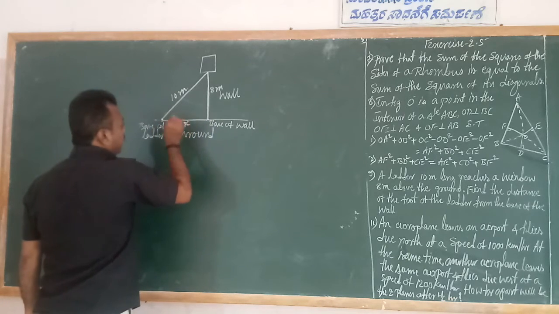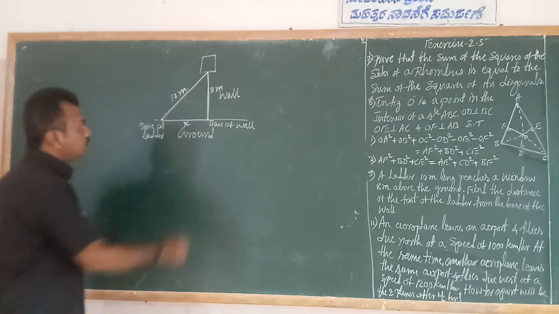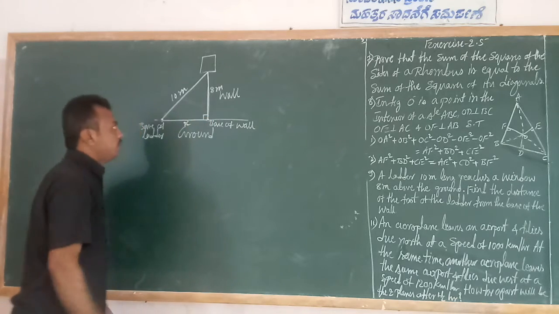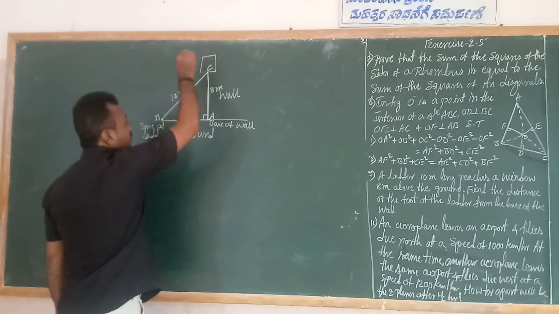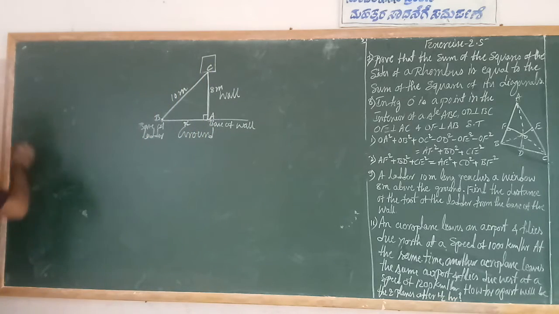This is x. We will take it as x. So this is a right angle triangle formula. This is A, this is B, and this is C. Okay, see students, so what is given first? Given AC is the height of the wall.